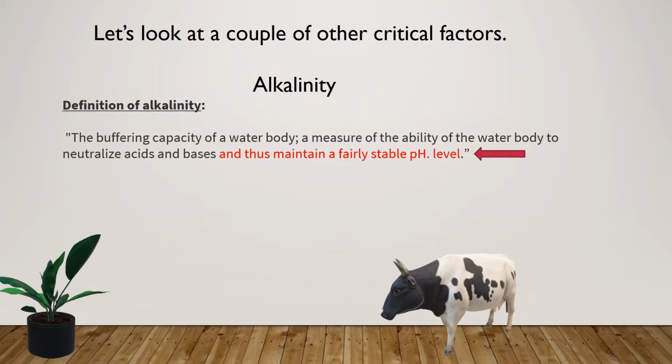Alkalinity is the buffering capacity of that water. It's a measure of the ability of the water to neutralize acids and bases, and here's the important part of the definition, and thus maintain a fairly stable pH level.